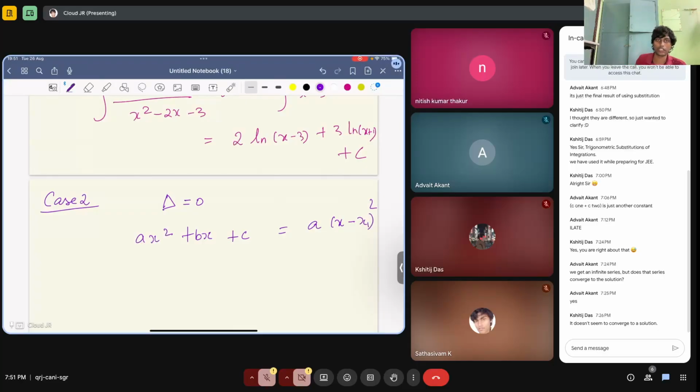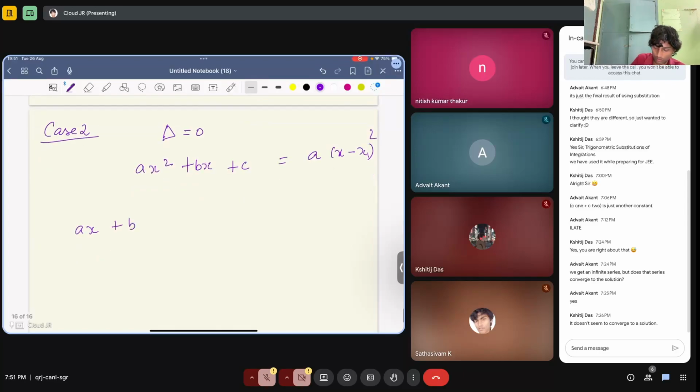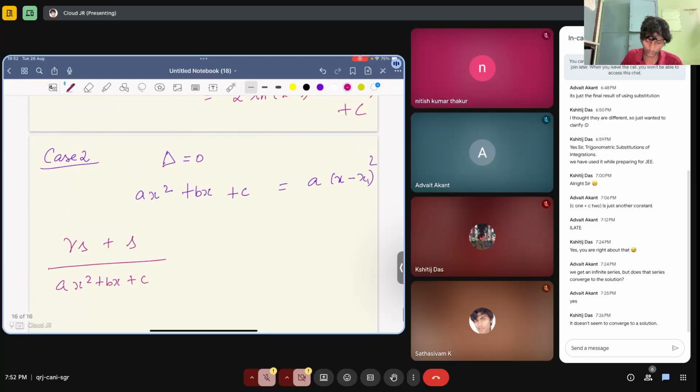Your polynomial looks like that. Now you want to compute the term rx plus s divided by ax square plus bx plus c.